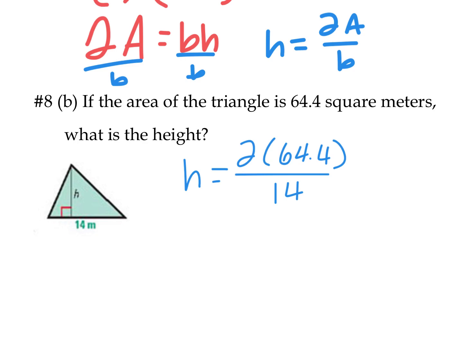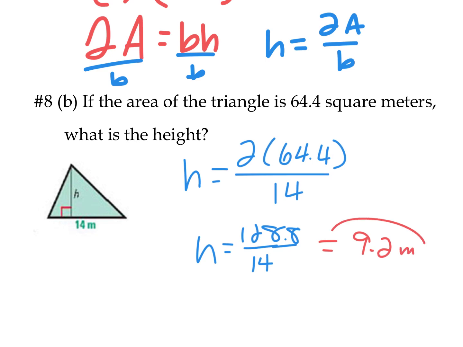If I wanted to find the height, like I do in this problem, I can use that literal equation formula rewritten, solved for H. I'm going to do 64.4 times 2 and get 128.8 over 14. Sorry, I almost forgot my 0.8. Don't want to forget that. All right. So now I can do 128.8 divided by 14, and I'll get the height as 9.2 meters.